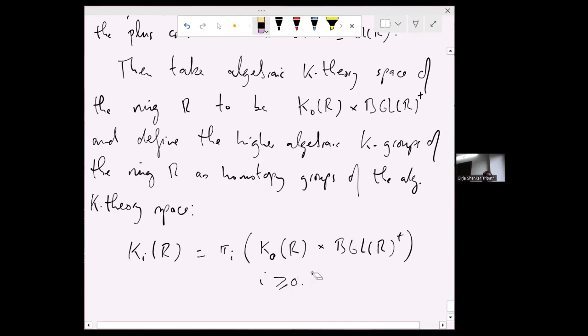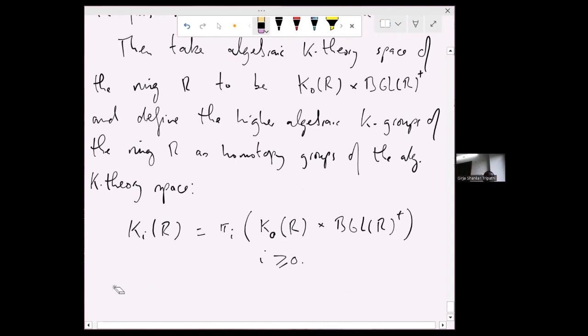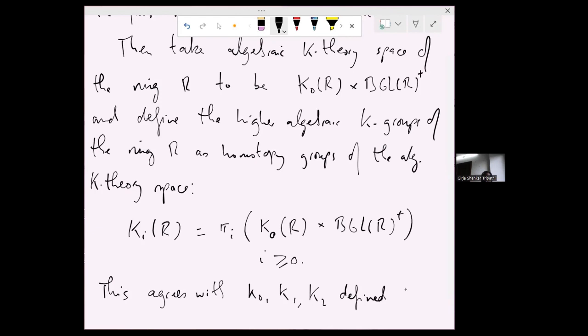They had studied group cohomology of various subgroups around this, defining K0, K1, K2, and found that this definition agrees with K0, K1 by the way you put it, and for K2 there will be some work, but it agrees with these defined kind of bit by bit before, maybe one at a time.